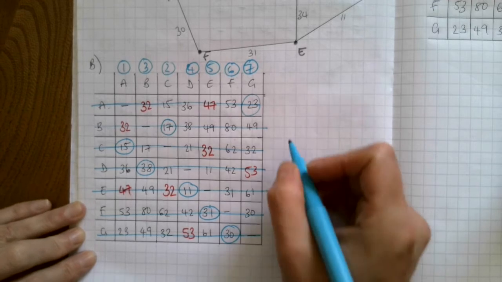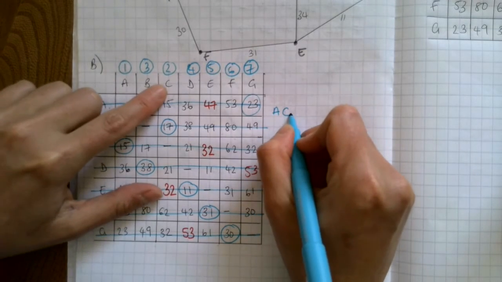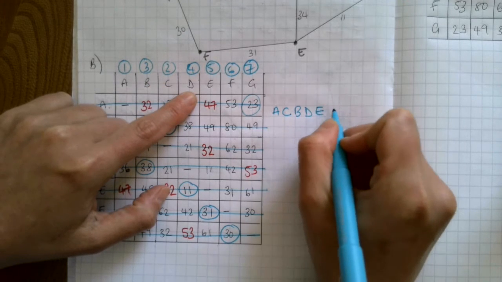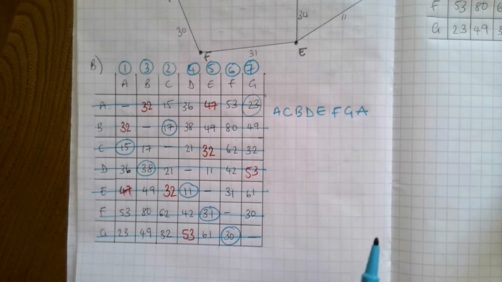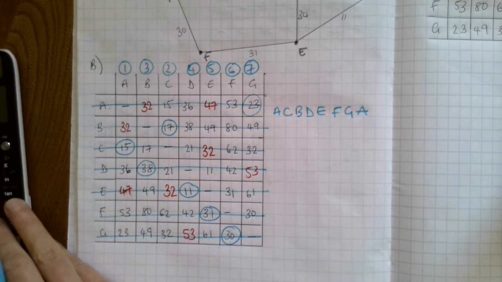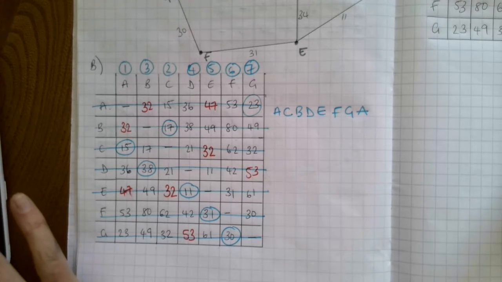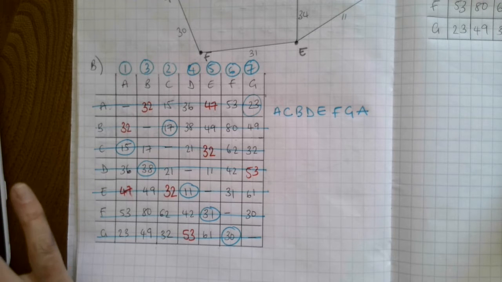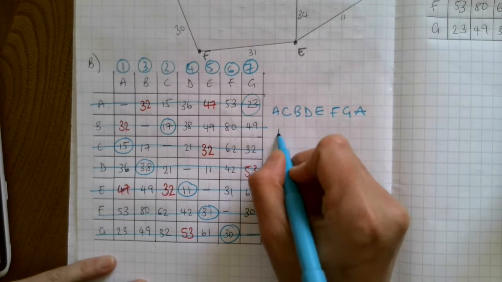So my route is A, C, B, D, E, F, G, A. And then if I add up all the numbers in the circles, I get 165.